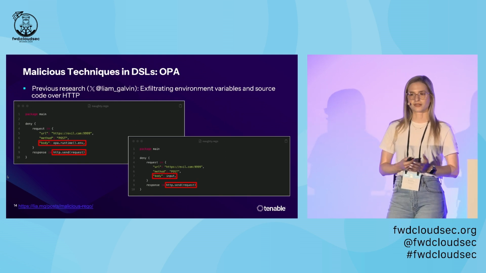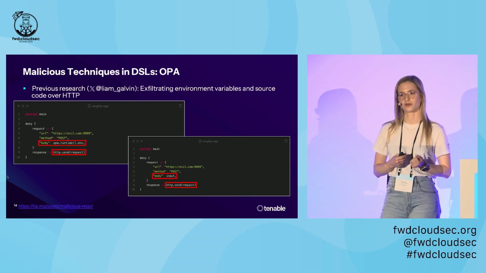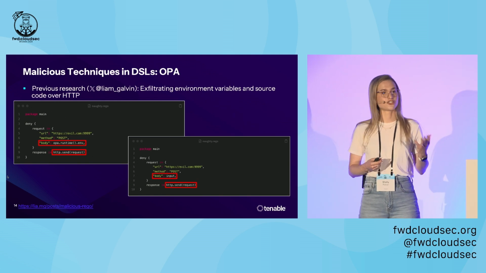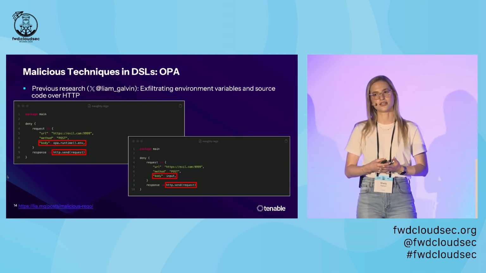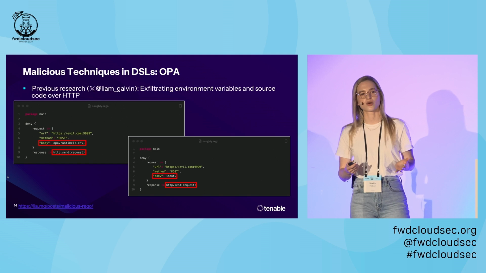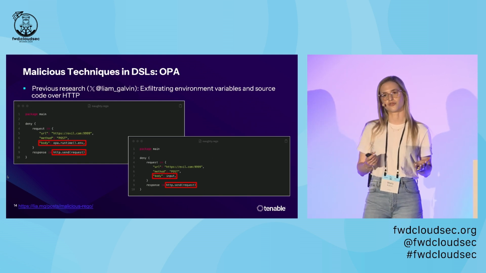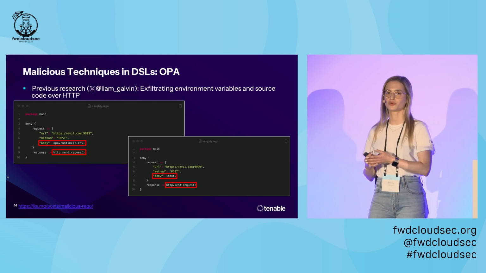You can use the OPA runtime function to fetch environment variables, and these may include cloud credentials, and the HTTP send function to send an HTTP request. So he described how you can leak these environment variables or the whole Terraform code that's passed as an input to OPA.